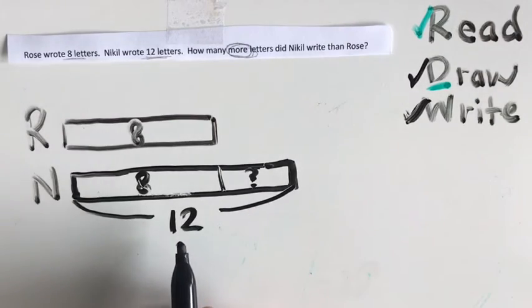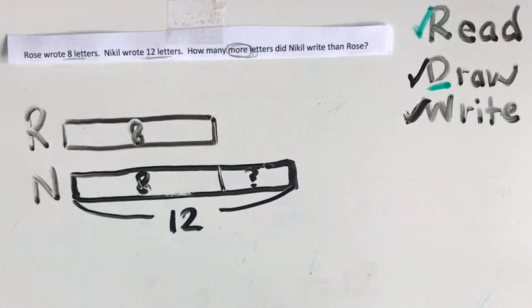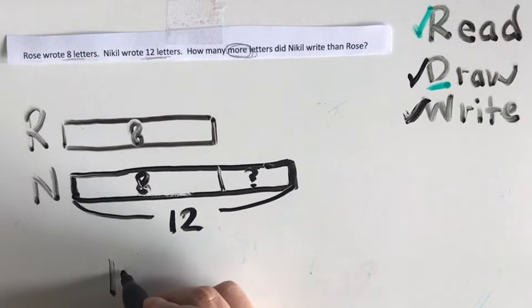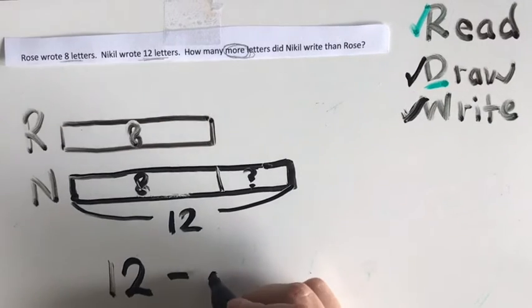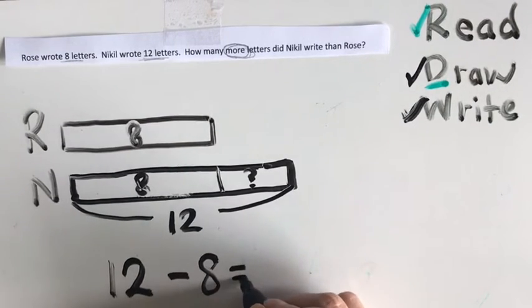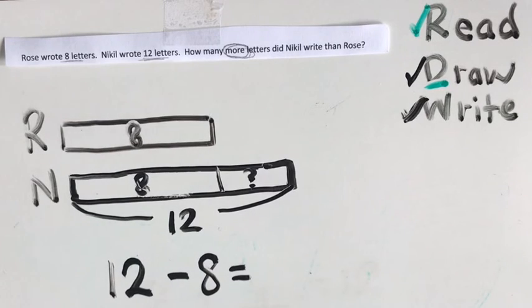Part, whole. So what is one part that we already know? We have 12 total, and we know that one part is 8. What is our unknown? You could count backwards. You could use a picture. You could use your fingers, or you could use mental math.